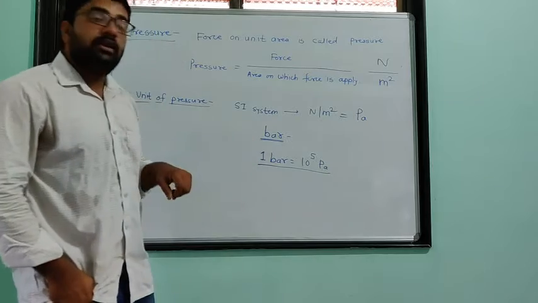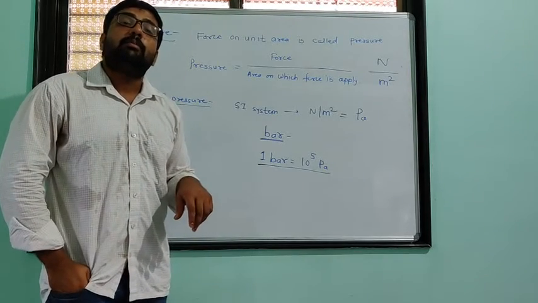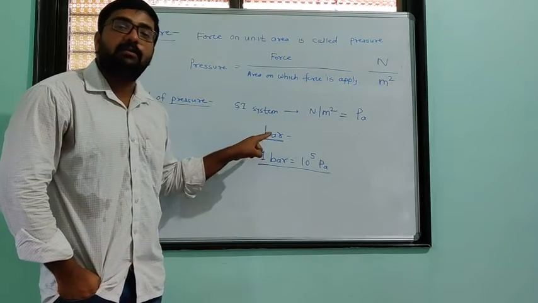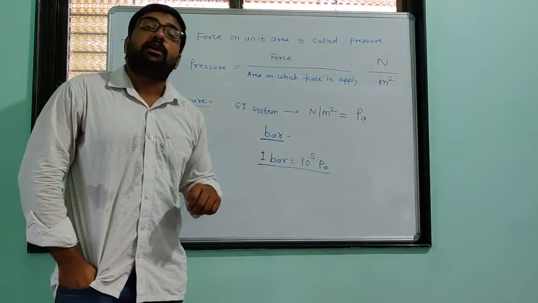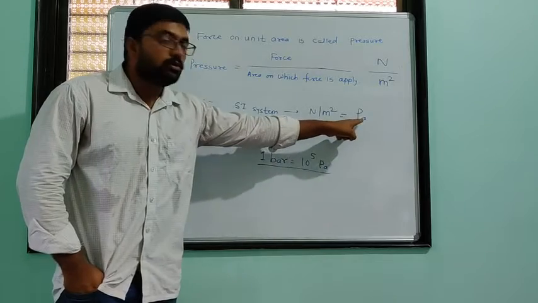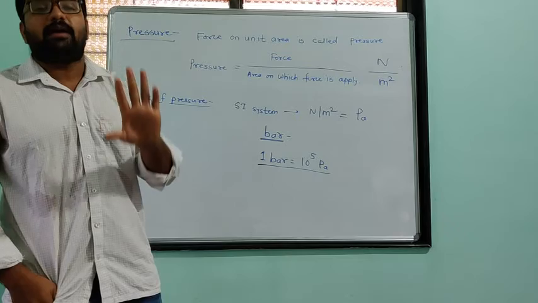In meteorology, the unit of pressure used is the bar, and 1 bar is equal to 10 raised to 5 Pascal. That is the conversion of bar into Pascal.